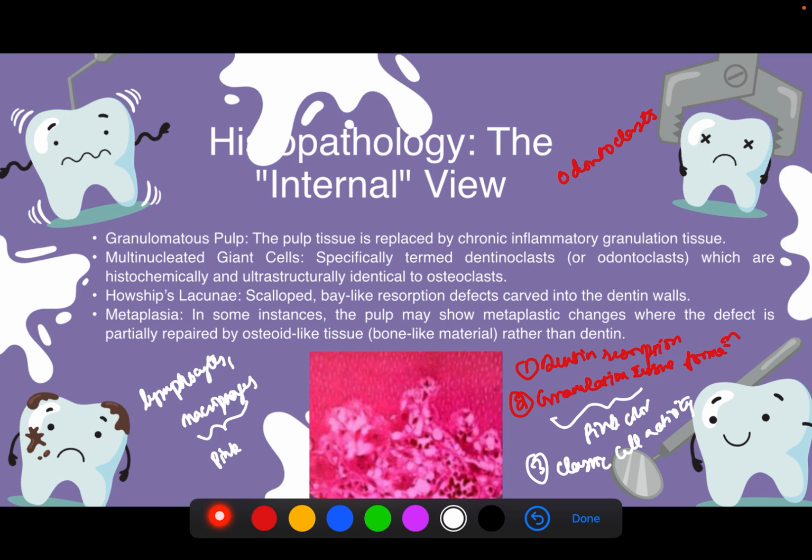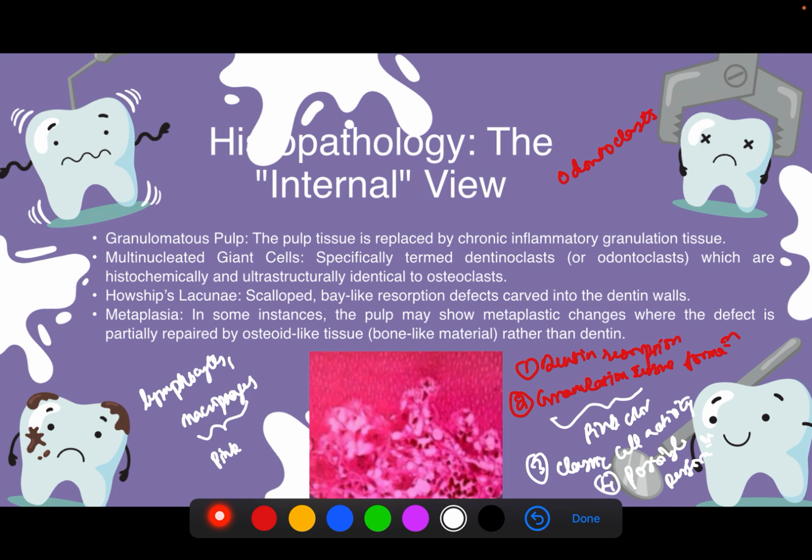Next, we talk about the possible perforation. If the lesion continues without being checked, it may extend beyond the dentin and perforate into the PDL, the periodontal ligament space, leading to combined endo-perio lesions.